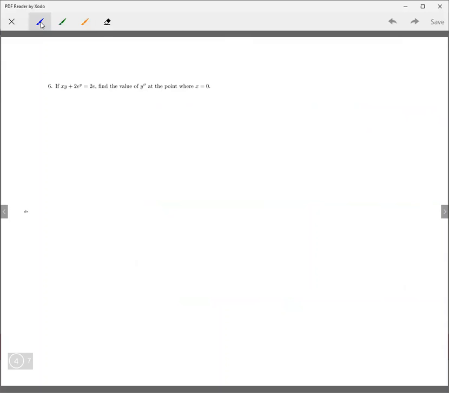Here we're supposed to find the second derivative. Okay, so let me show you how that's done. Let's go ahead and take the derivative with respect to x, like we're finding the first derivative.